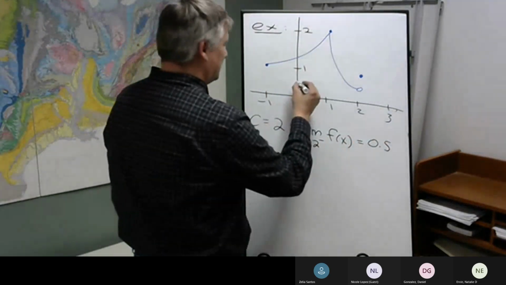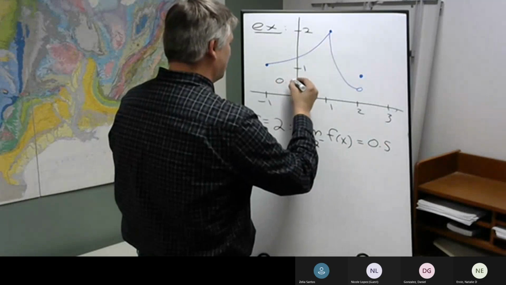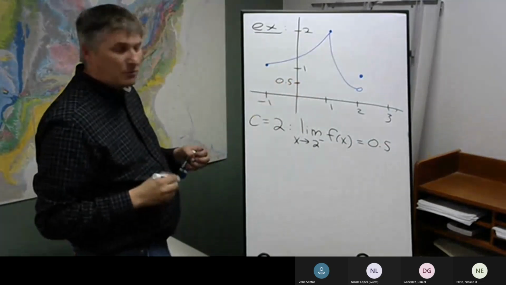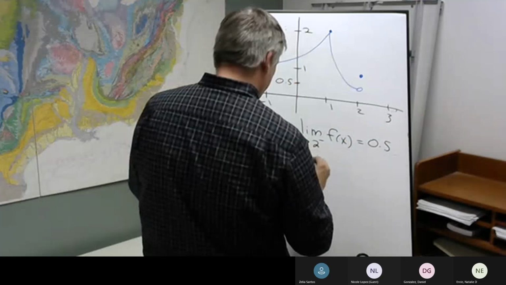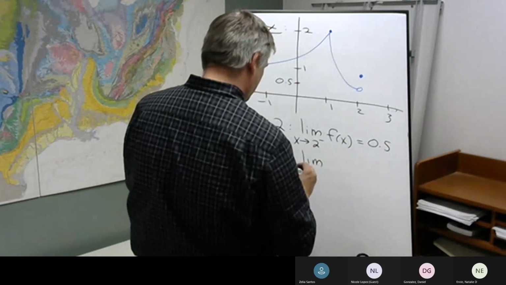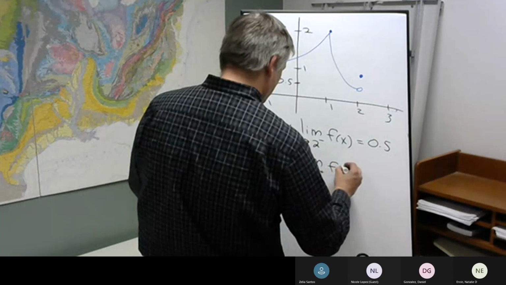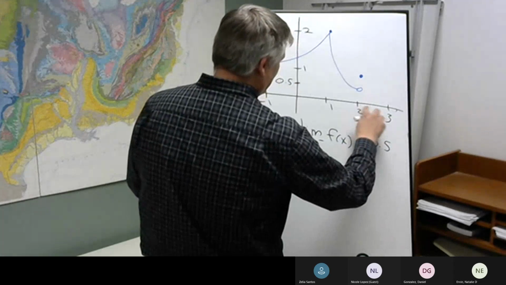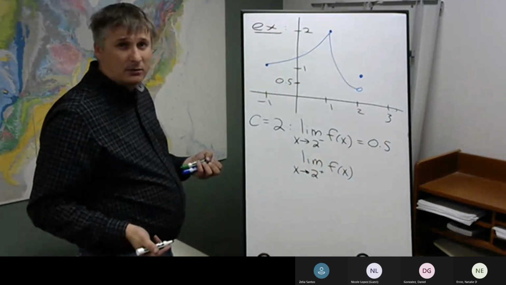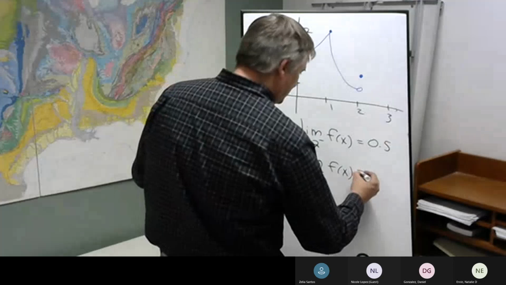And then here, put that in there, 0.5. Now the right side limit though, well, I mean, there's nothing there. We don't have any domain to work with. That doesn't exist.